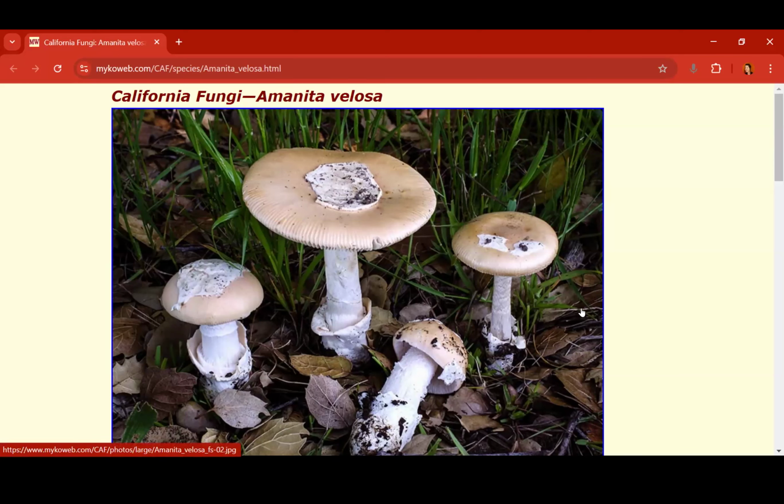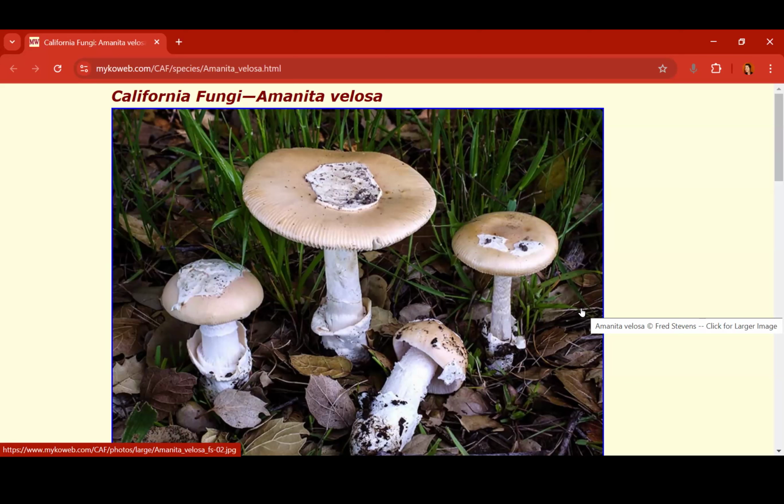But anyways, in terms of choice edibility in the section, this is the number one choice edible, Amanita villosa. It's primarily found in Northern California, but also Washington and a couple other places in the Pacific Northwest. It is a highly prized choice edible.